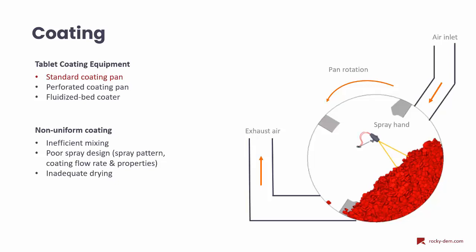It can also happen due to an inadequate drying process. The goal here today is to illustrate how Rocky can be very helpful to analyze the spray design and mixing efficiency combination. So the goal is to show how to set up this simulation and some of the key post-processing that can be performed.